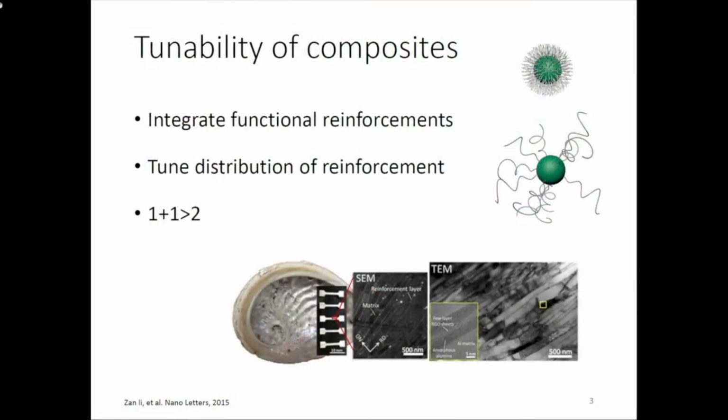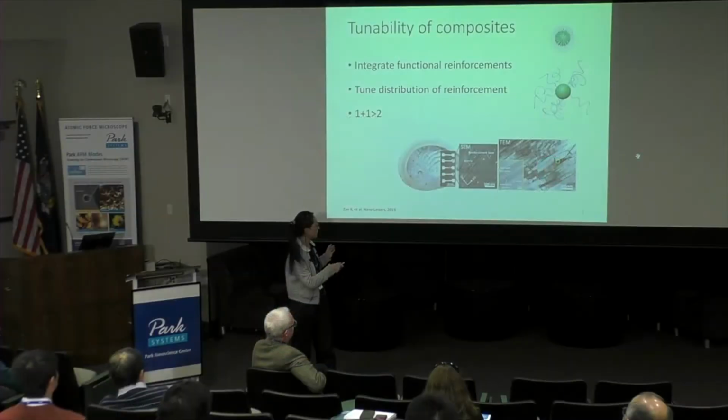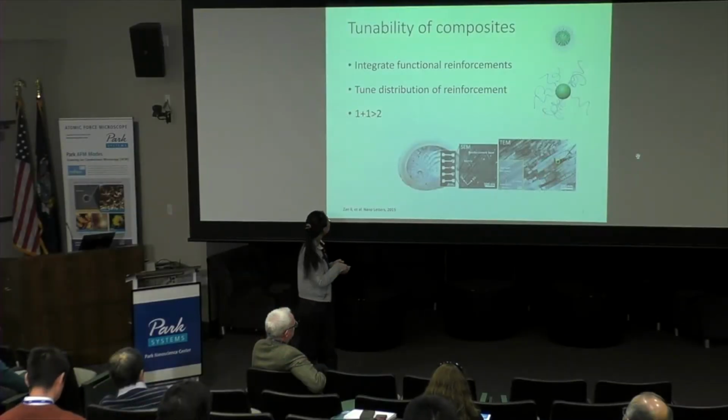Then, inspired by nature's nacre structures, people found that this kind of layered structure has significantly higher mechanical properties. We were thinking that, on the basis of controlling the nanoparticle dispersion, whether we can further tune the organization of nanoparticles and form such string-like structures.